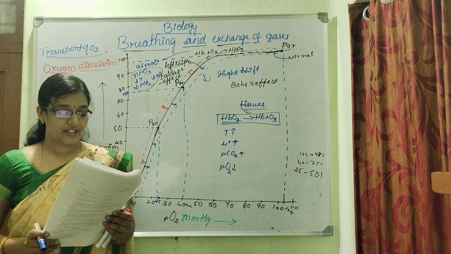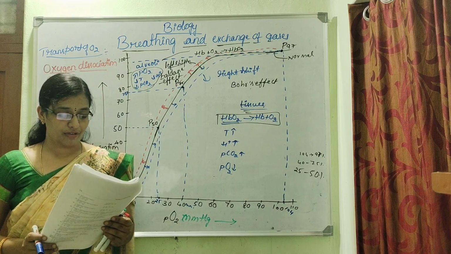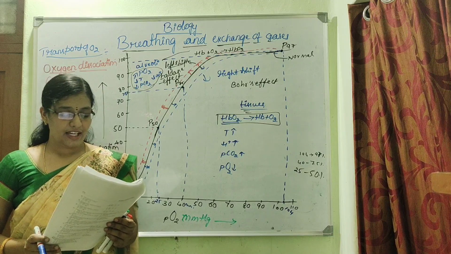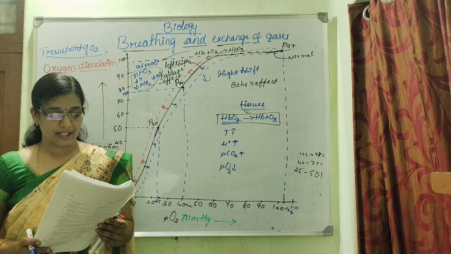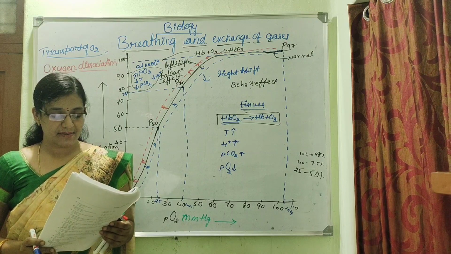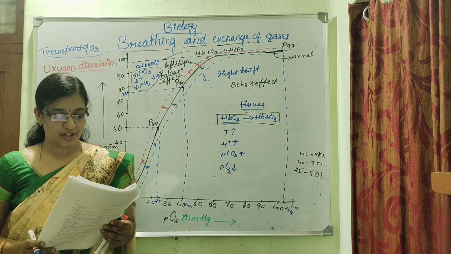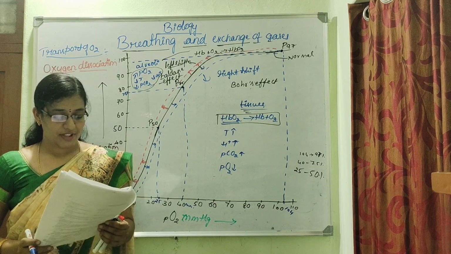Next question. Diffusion membrane is made up of option A, thin squamous epithelium of alveoli, B, endothelium of alveolar capillaries, C, basement membrane between the two layers, D, all the above. Option D, all the above.